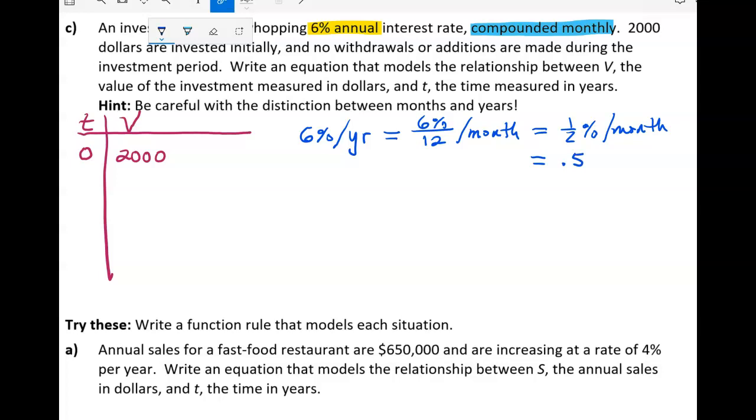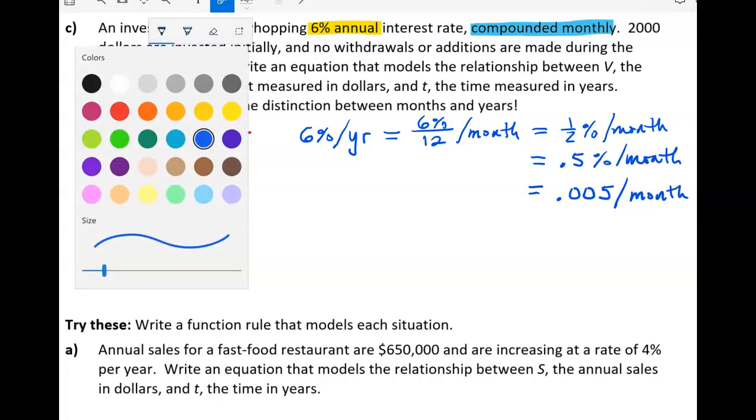So 1/2 we can think of as 0.5. So we have a 0.5% monthly interest rate. And when we divide by 100, you move the decimal twice to the left. So as a decimal value, that is 0.005 per month.